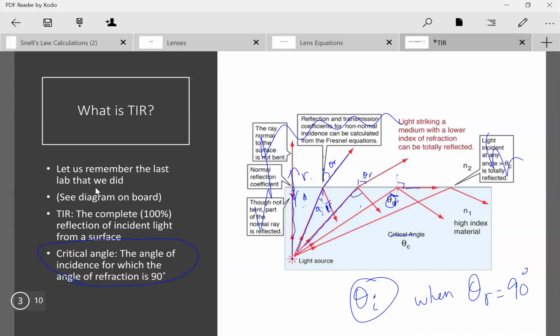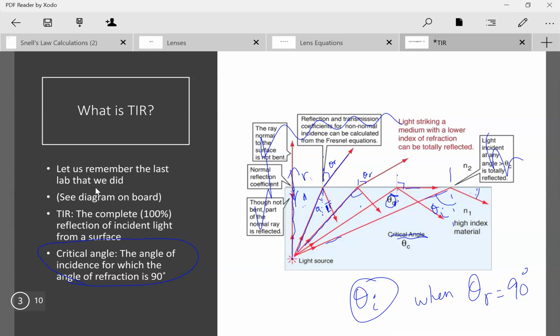Now, why is it called a critical angle? Because any incident angle greater than the critical angle will not refract, because there's nowhere to refract to now. Above 90 would just be over here, and that's not really refraction, that's reflection.